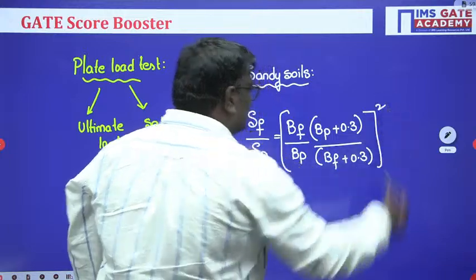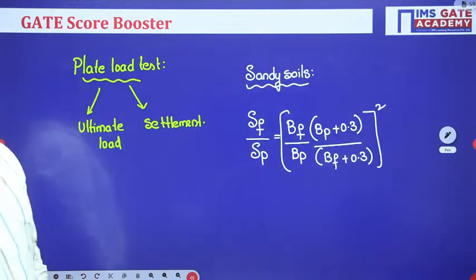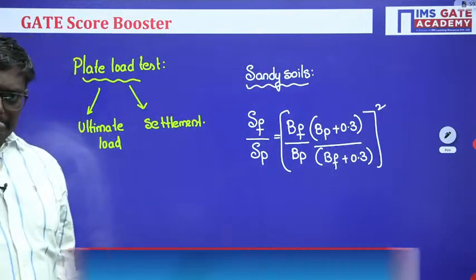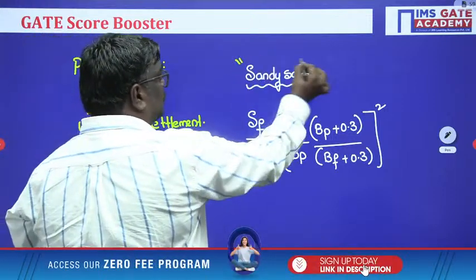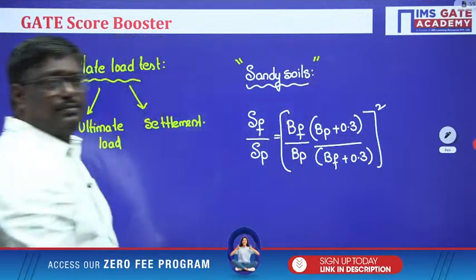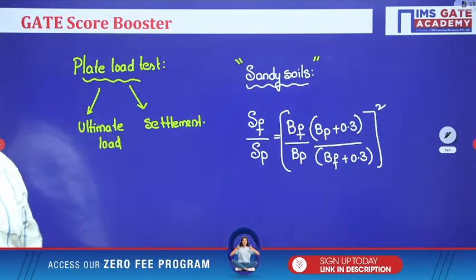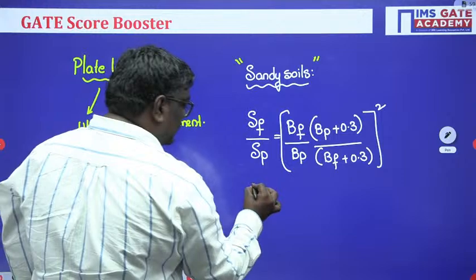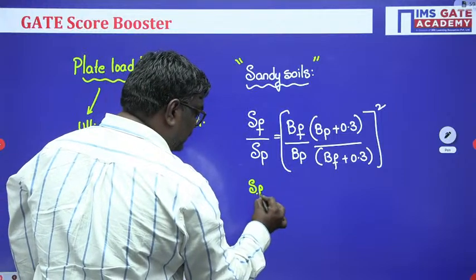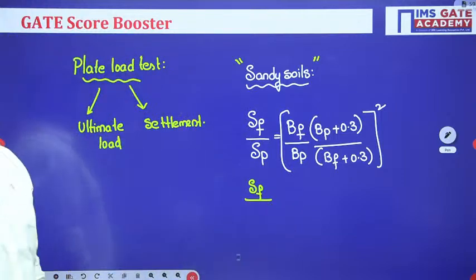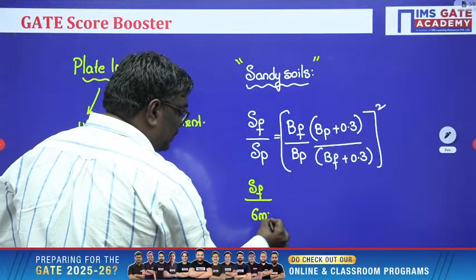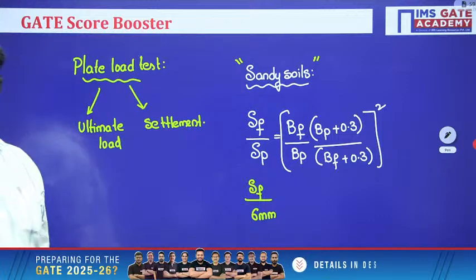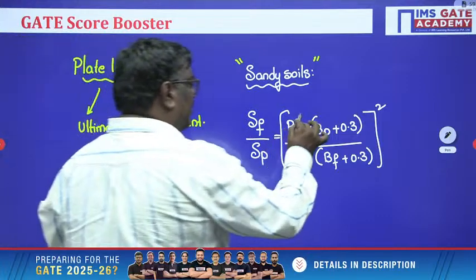This is the standardized formula to find the settlement of foundation in the case of sandy soils. Yes or no, my dear students? So SF is the settlement of foundation, and they have clearly given the settlement of plate as 6 mm. Now my dear students, the important thing, it is a kind of empirical formula.